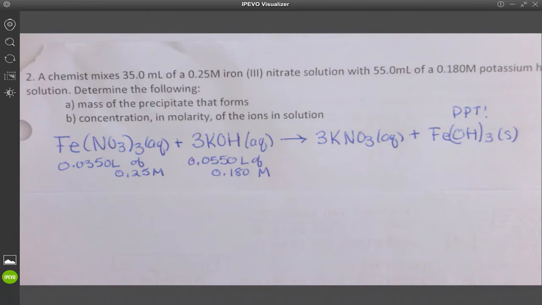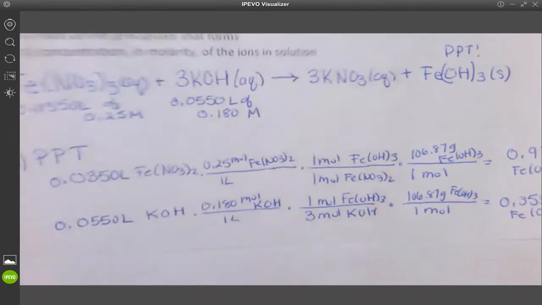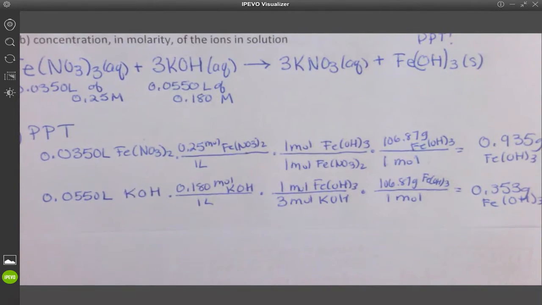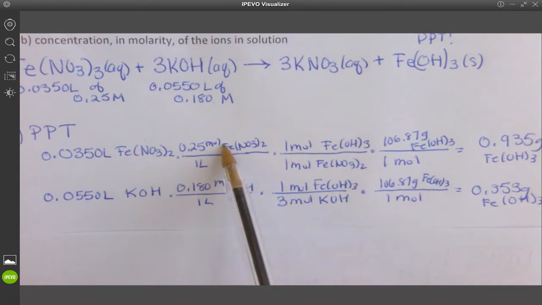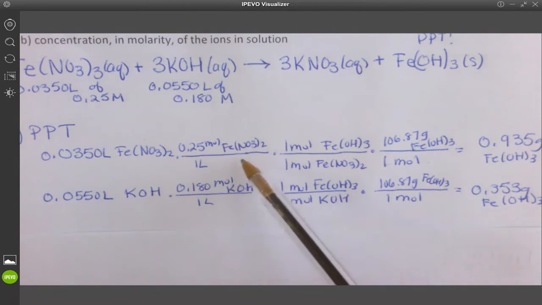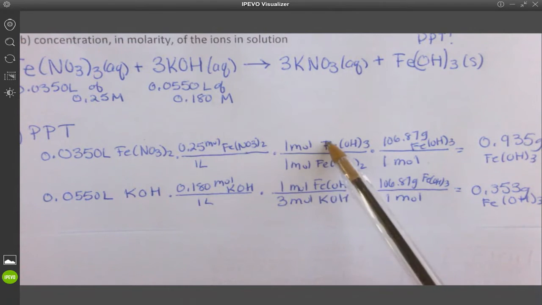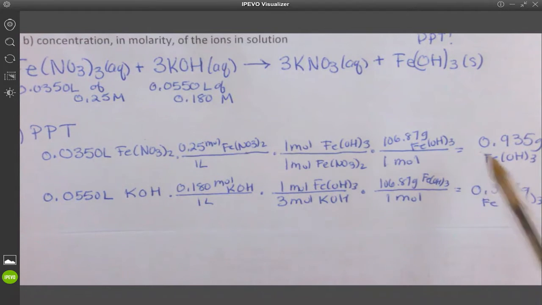So for part A, this is similar to the beginning of the year. The only thing you really need to look out for is that you're starting with the volume of each of your reactants, and then we're going to use its molarity to get into moles. So first thing to do is get the reactant to moles using molarity, and then I'm going to use my mole to mole relationship, the stoichiometry part of my equation, and then go right to grams so that I know how many grams each would be able to produce.